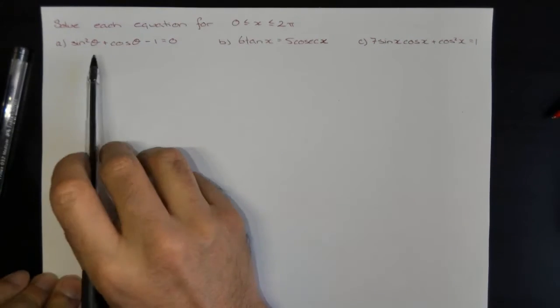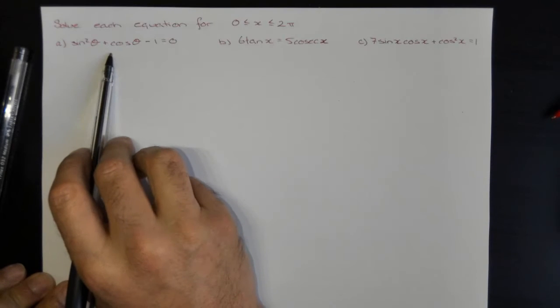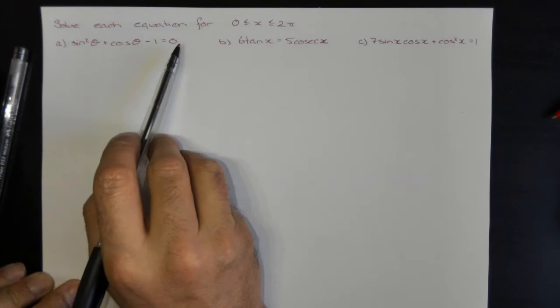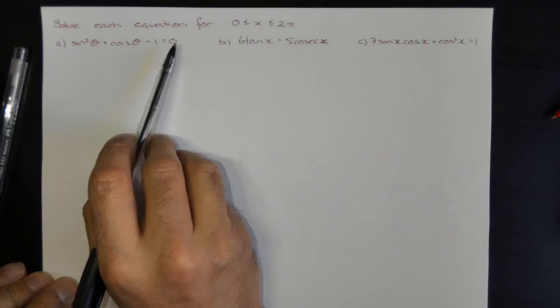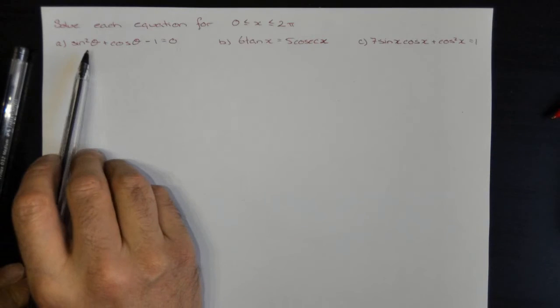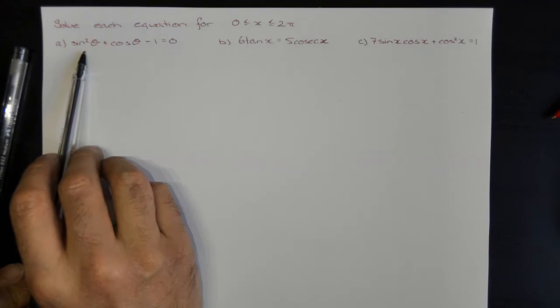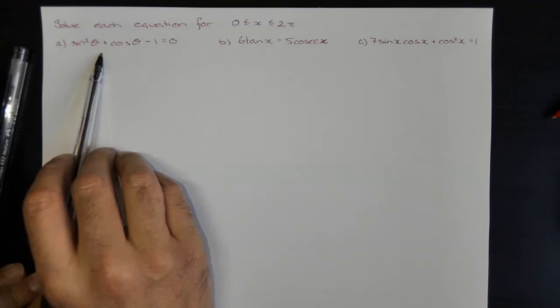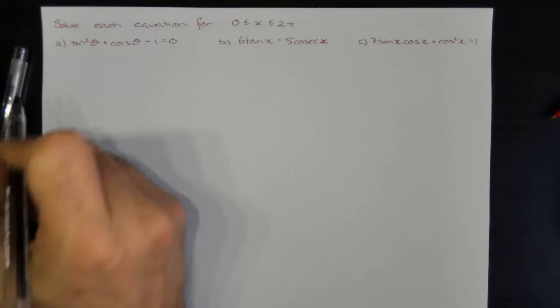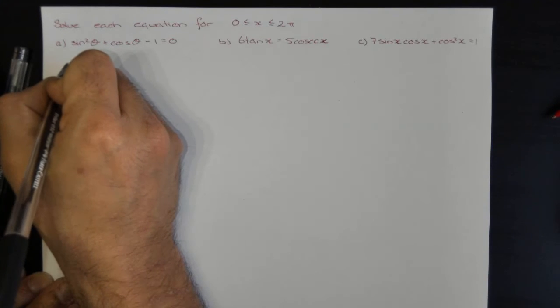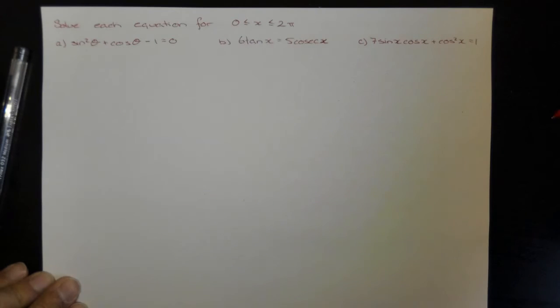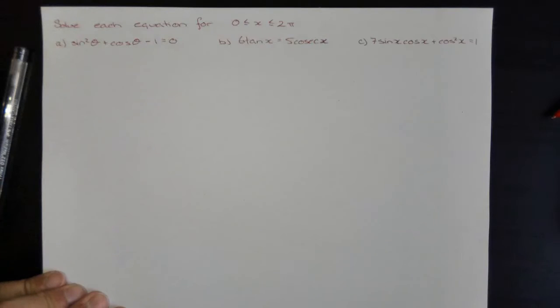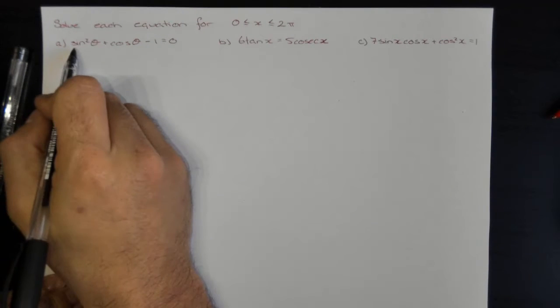Okay, so we've got sine squared theta plus cos theta minus 1 equals 0. Once again, there's some issues. I don't really have anything in terms of the same function, and I've got a squared.